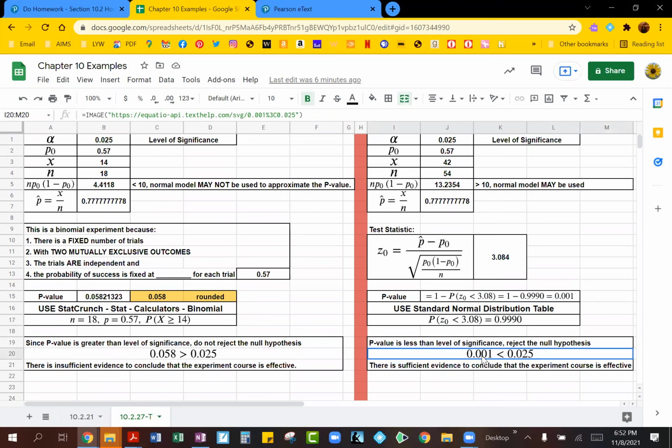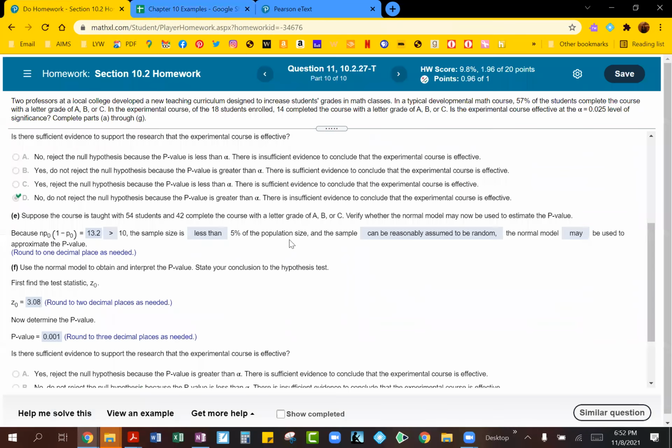So when I compare that p-value of 0.001 to our level of significance, which is the 0.025, now you will see that my p-value is less than my level of significance. So my p-value is less than alpha. And in this case, we can reject the null hypothesis and say that we have sufficient evidence to conclude that our experimental course is going to be more effective than the typical developmental course.